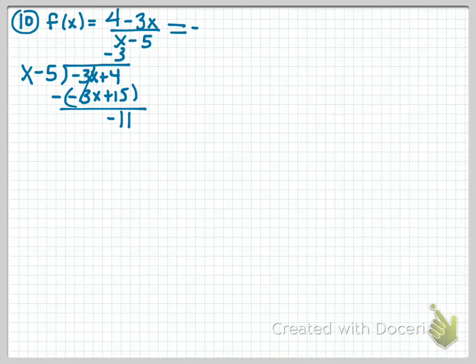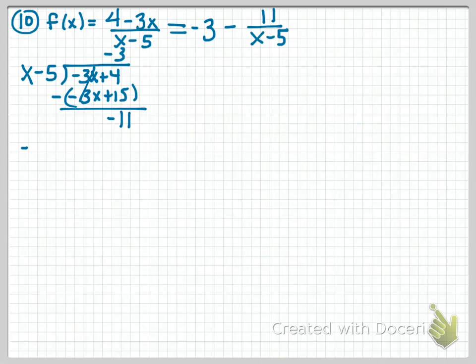And that gives us negative 3 minus 11 over x minus 5. And in case you're wondering, this one probably looks familiar because it's the same function we used on a previous problem. But now I can see all the transformations that have taken place from the parent function, which is one of the questions this problem asks you.